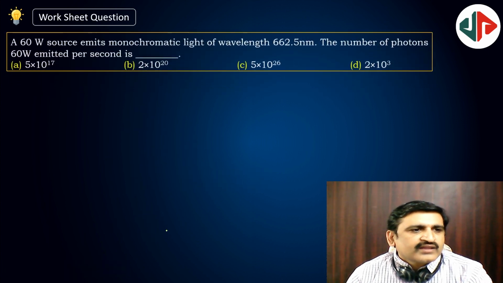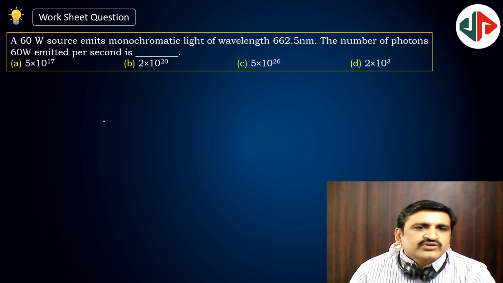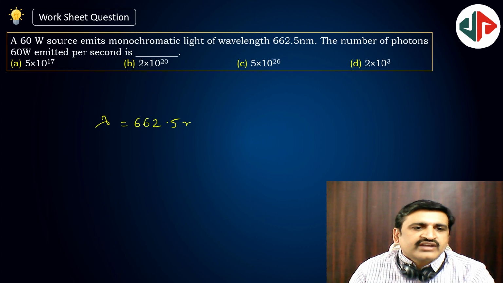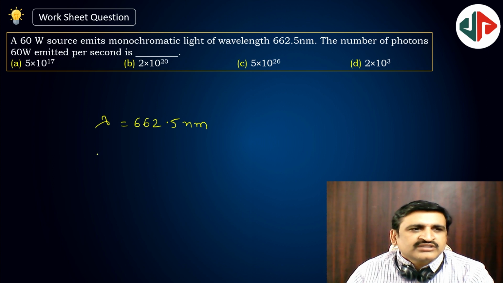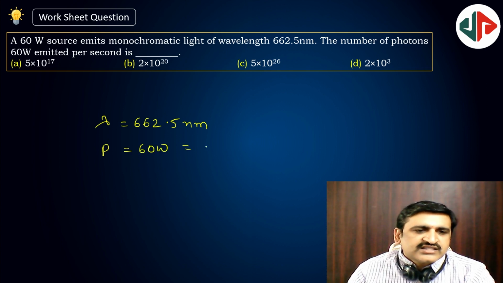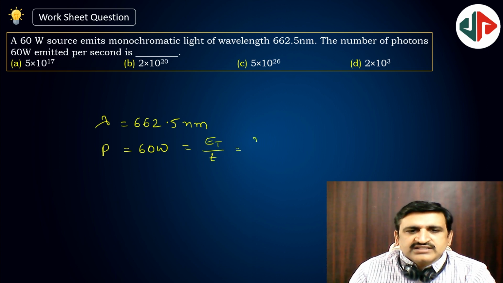Next, a 60 watt source emits monochromatic light of wavelength lambda equal to 662.5 nanometer. The number of photons emitted per second by the 60 watt source. Power is equal to 60 watt. Power is equal to total energy by time. Total energy is nhc by lambda into time.